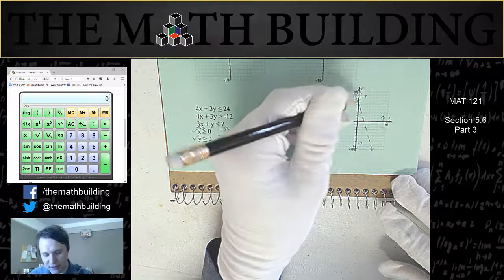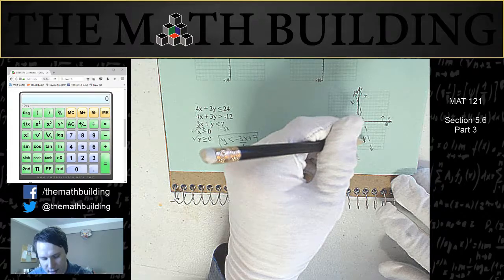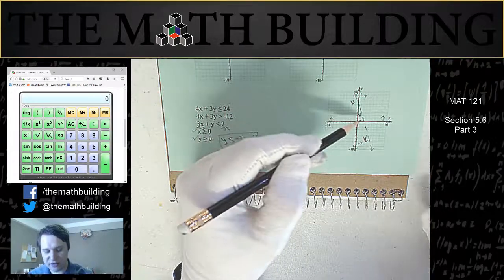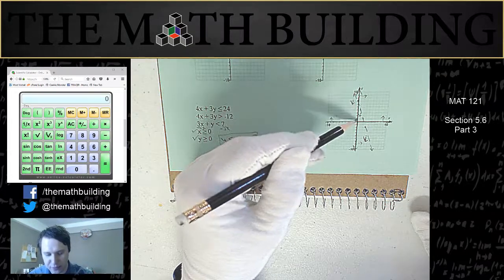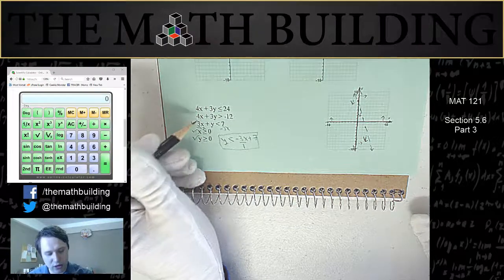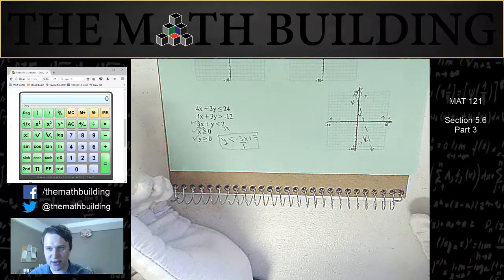So less than means we're shading below this line. And so you can see that the effect of this is our shaded region is now limited to this triangle right here. We still have 2 equations to go, but for now, our only shaded region is the triangle right there.